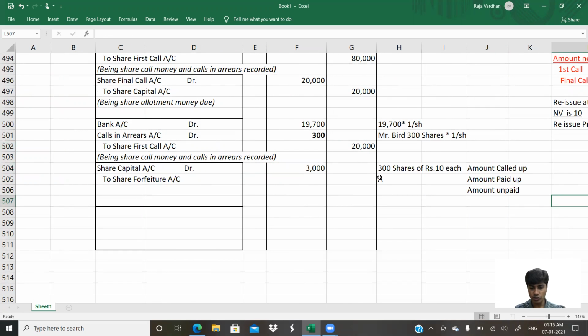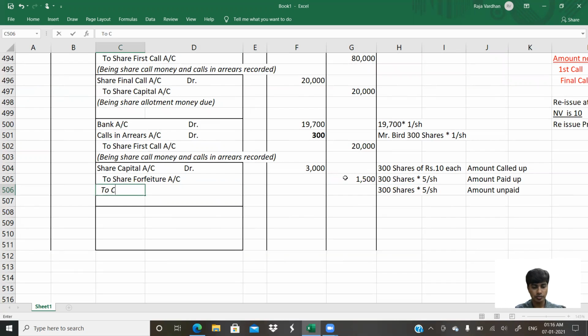So here, share forfeiture account. How much is the amount that is being received? 300 shares multiplied by how much per share is received in share forfeiture account? Per share you have received 5 rupees. 5 per share. And the same I'll write here also. How much is it? So 1500 rupees is received. 1500 rupees will go to where?